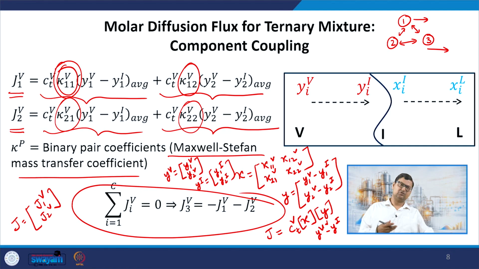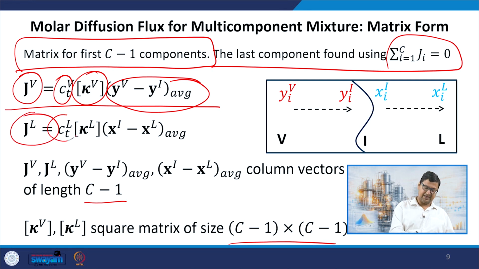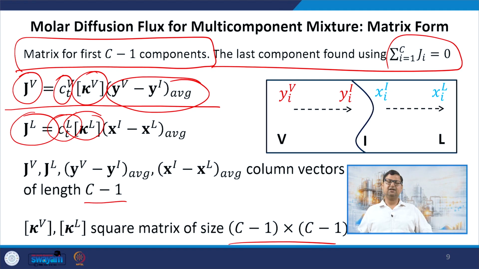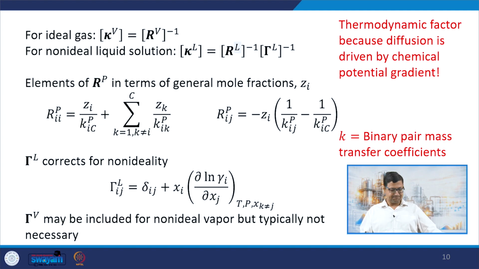So this matrix actually will get quite complicated and involved, but the fundamental idea remains the same, that the flux is given as total concentration multiplied by a matrix containing the binary pair coefficients that tells me how one component moves with respect to the other, multiplied by the average mole fraction difference that we have there, right? And then we have kind of a system of equations to basically go around, right?